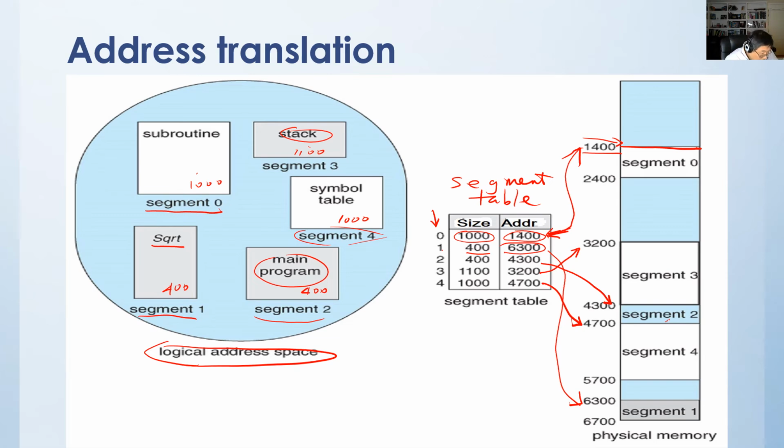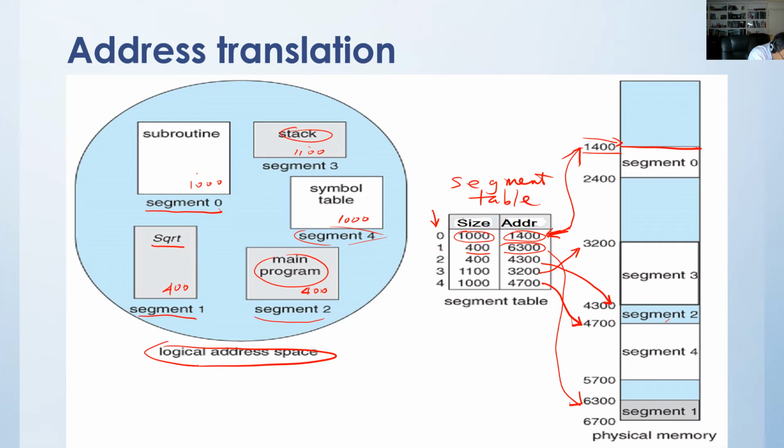So that's the reason why I need the starting address and also the size, or sometimes called the limit. So that basically defines which segment is in which memory location.